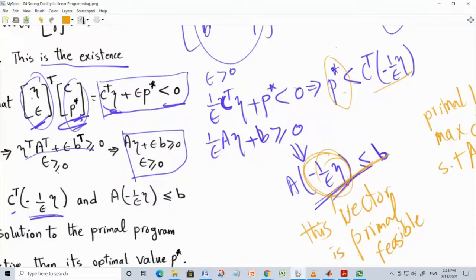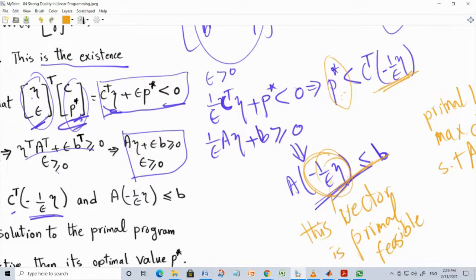It's the maximum. So now we are saying that you can come up with a vector that is feasible and that can allow you to obtain an objective that is higher than B star, but this is nonsense because B star is the maximum objective.